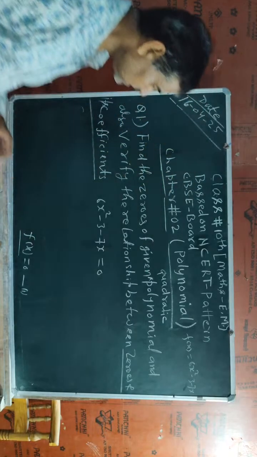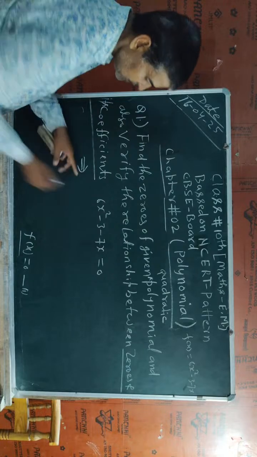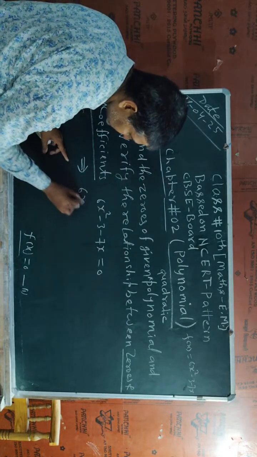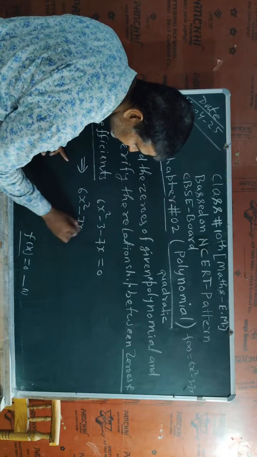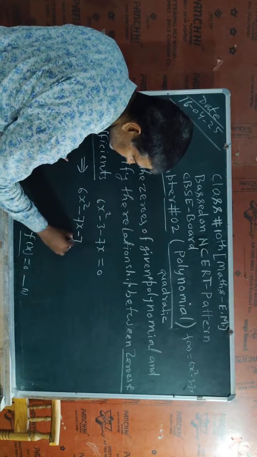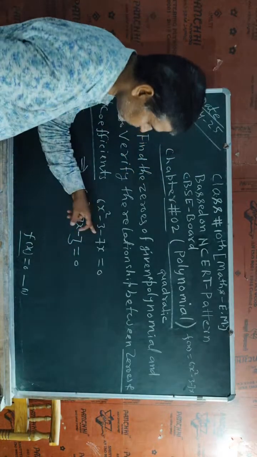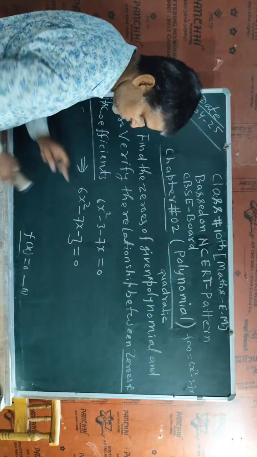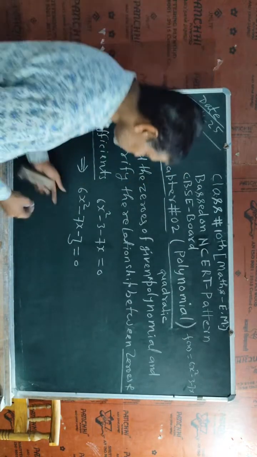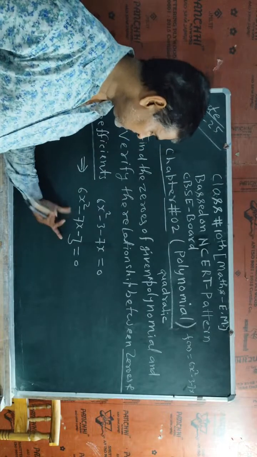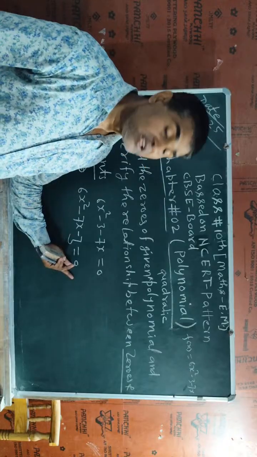One thing I am also going to say: I am writing here 6x square, and this term I will write first, 7x, and this term I will write after 7x. So this equation I can arrange like this. Okay, no issue. Okay, student. So this is a quadratic equation, because on the left hand side some expressions are available, but on the right hand side 0 is available.